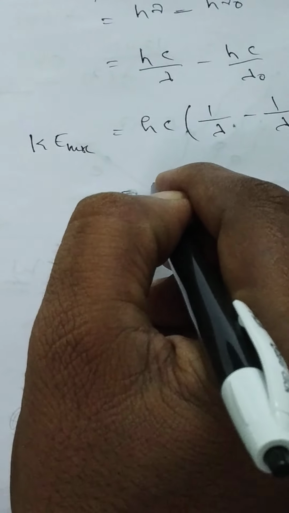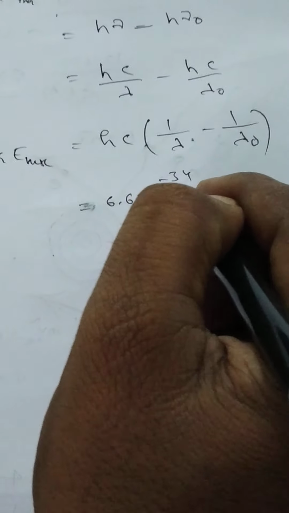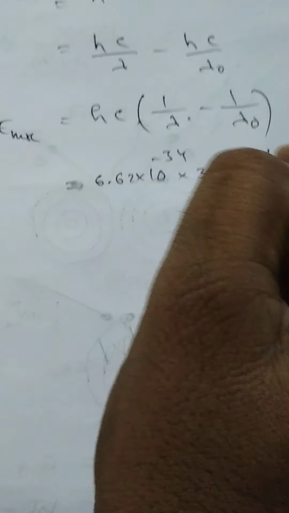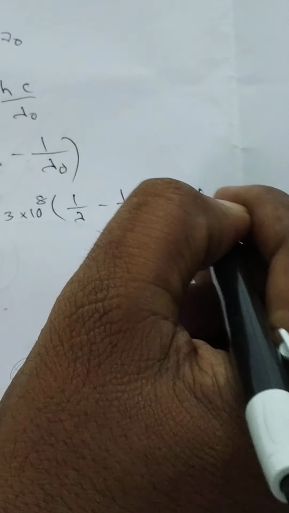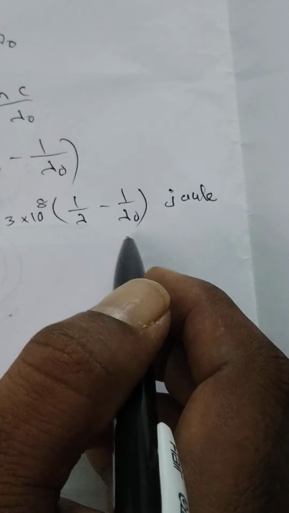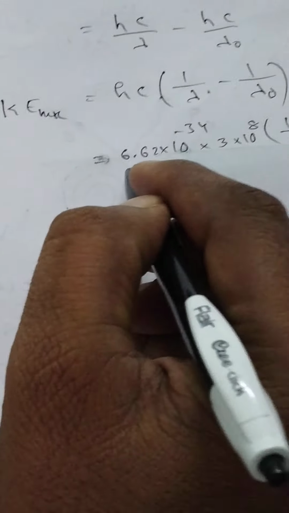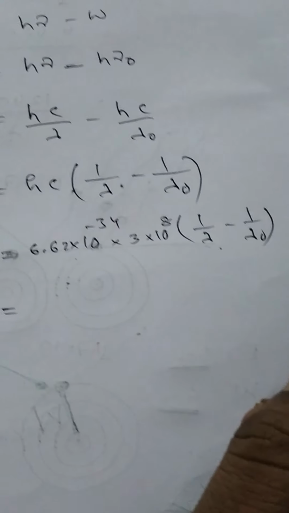The value of h is 6.62 into 10 power minus 34 joule second, and the velocity of light is 3 into 10 power 8, into 1 by lambda minus 1 by lambda naught. The total will be represented in joules. When lambda and lambda naught are in meters, the kinetic energy of the photoelectrons is 6.62 into 10 power minus 34 into 3 into 10 power 8 into 1 by lambda minus 1 by lambda naught.